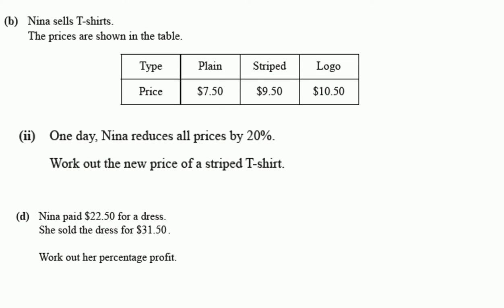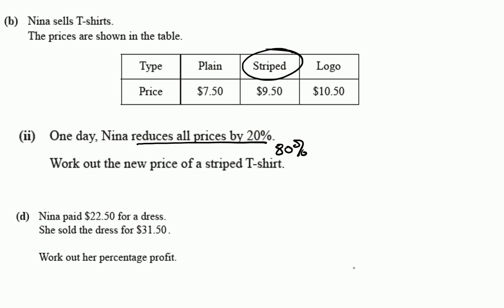Nina sells t-shirts, and the prices are shown in the table. One day, Nina reduces all prices by 20%, and we want to work out the price of a striped t-shirt. So, we want to reduce this $9.50 by 20%. If we are reducing by 20%, we are left with 80%.